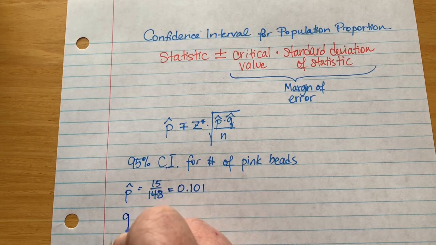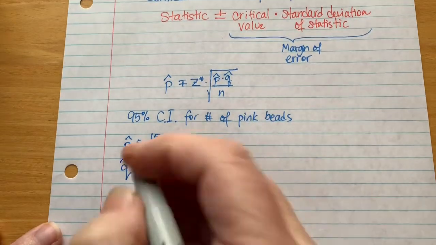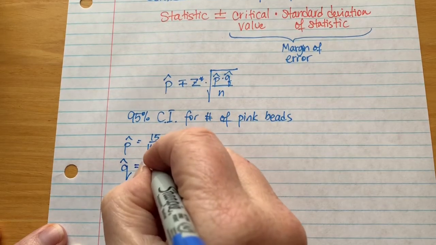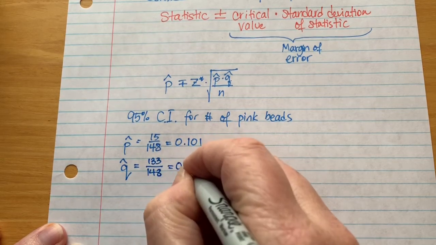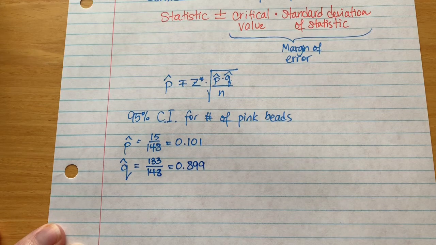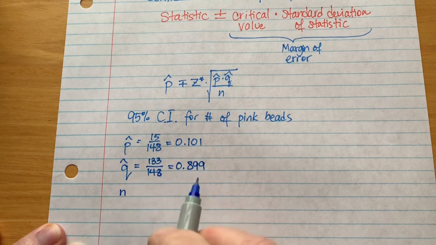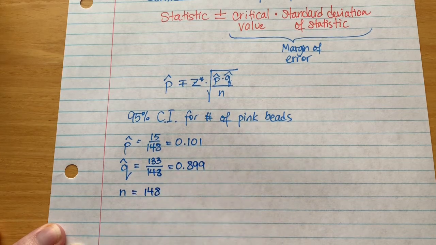The proportion of not pink beads, or proportion of failures, is actually going to be 133 out of 148. And this is going to be 0.899. Okay, I also will remind you what we need here. We also need the n. The n over here was 148.